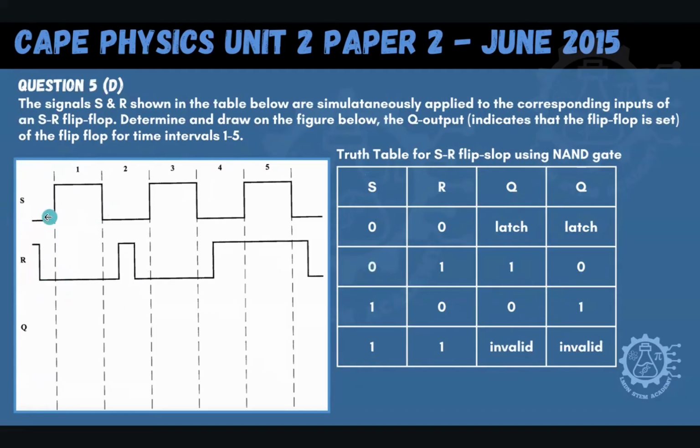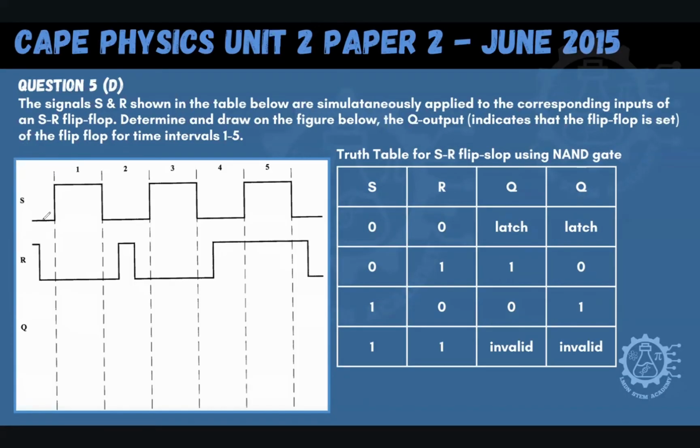So this is our truth table. We're going to compare what is being shown on the timing diagram with our truth table, and that's how we will know how to fill out down here, right? So we're going to use our truth table as a guide, and compare to what the question says the inputs are. Let's start out here, and then we'll jump into time interval 1 and proceed. When we start out here, what do we notice?